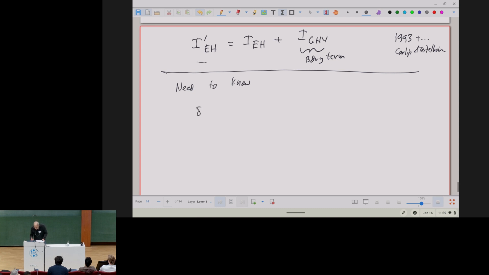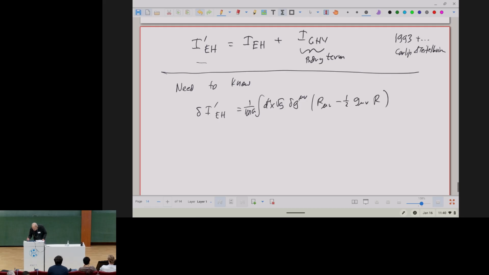So the variation is given by the naive formula, whatever it is, plus no boundary term.